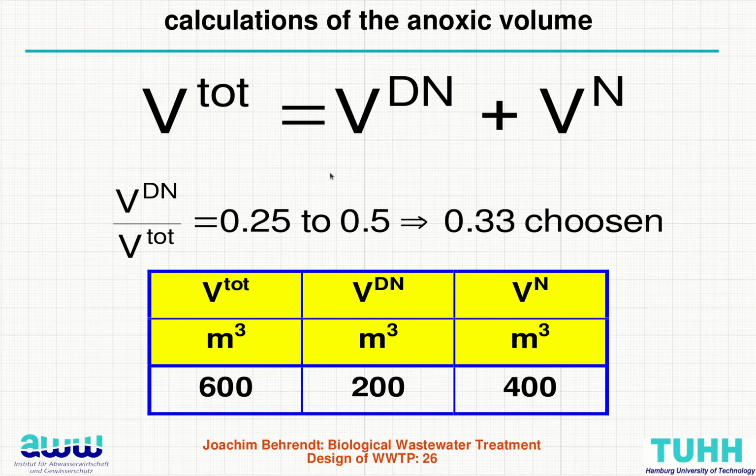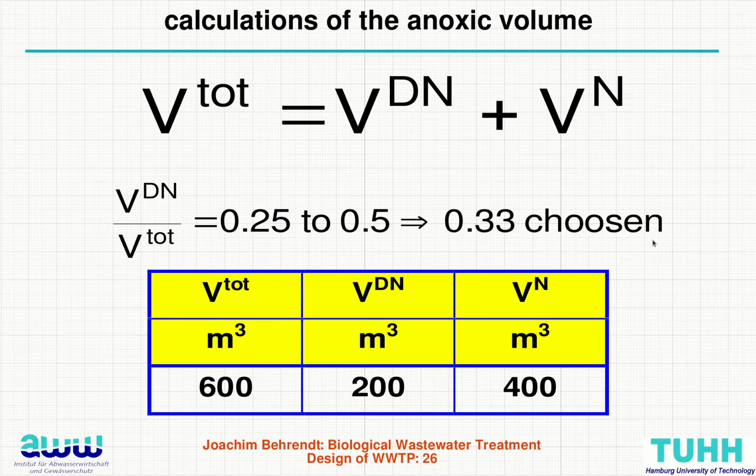Yeah, for the denitrifying volume or the total volume, we are assuming that the denitrifying volume fraction is between 0.25 and 0.5. In reality, this is often 0.5, but we are choosing here 1/3. And then we have 600 cubic meters total, 200 cubic meters denitrification and 400 cubic meters nitrification.